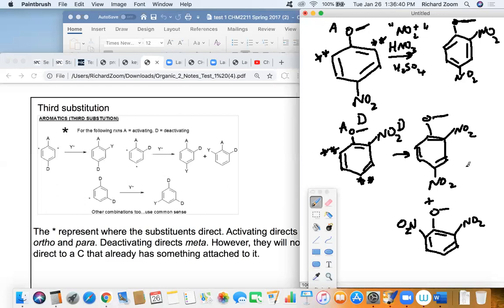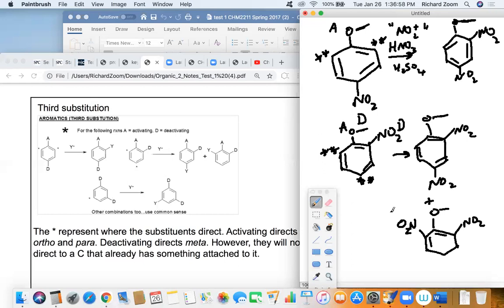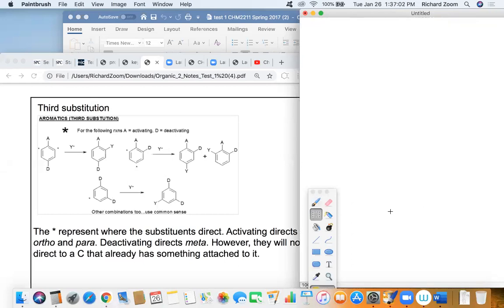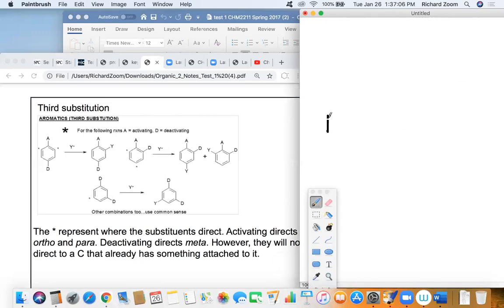And the last one there, if you've got two deactivating groups, you can possibly put a third group in the meta position to both of those. But again, that's tough. If you've got two deactivating groups already on the ring, then you are really sucking the electrons out of that ring, and you may or may not get that to work. That is a really tough one to get going.